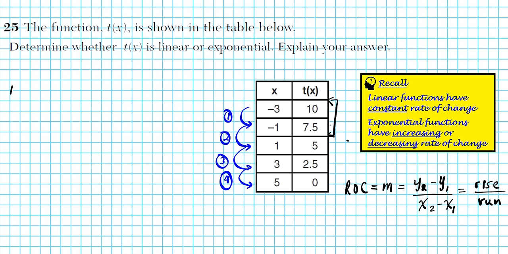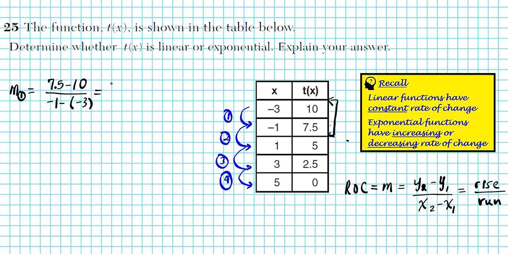So m1, the slope of the first interval, the rate of change there, is y2, 7.5, minus y1, 10, divided by x2, -1, minus x1, -3. Remember, the twos are on the bottom, and then the ones are on top.